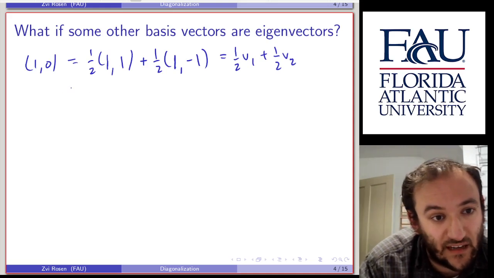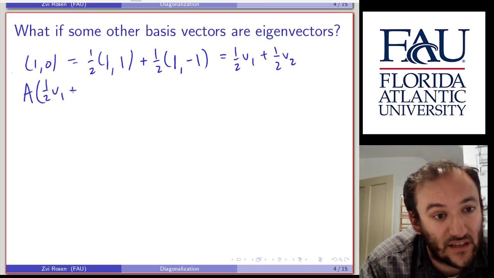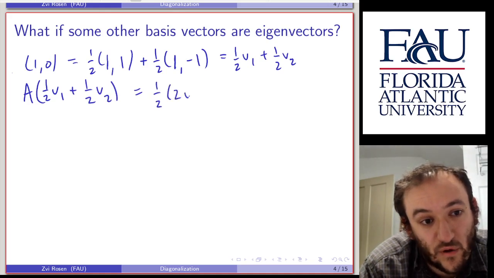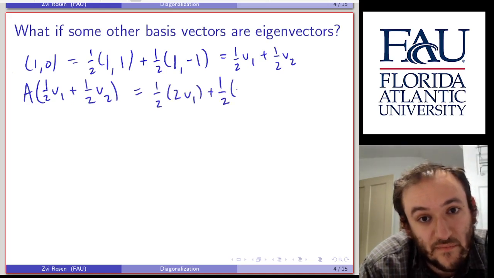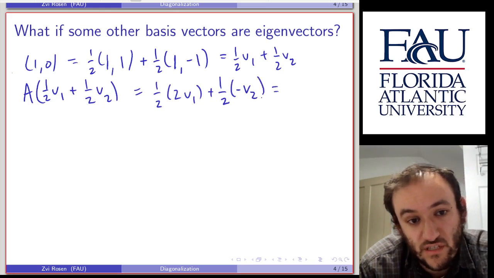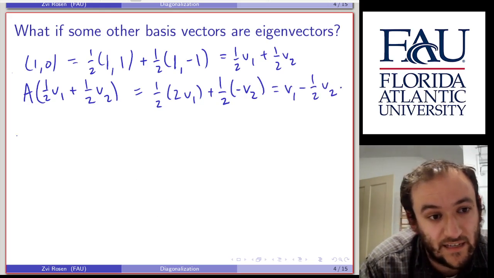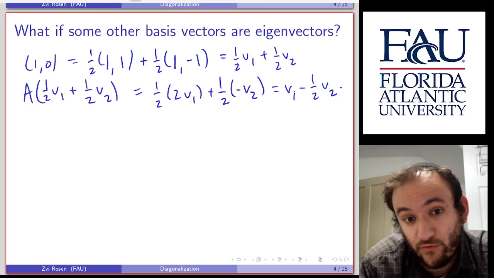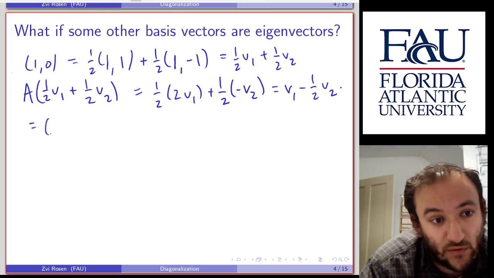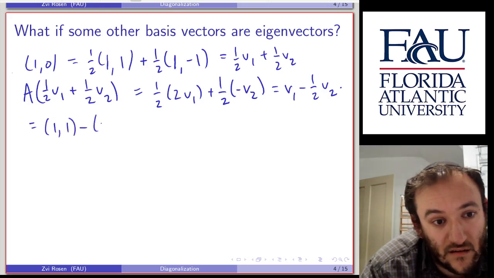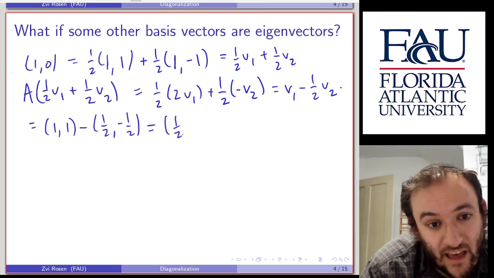And when I apply A to this, so A times a half of v1 plus a half of v2 is going to be 1/2 times 2v1 plus 1/2 times minus v2, which is equal to v1 minus a half of v2. And plugging in our values for v1 and v2, we get that this will be equal to 1 minus 1/2, minus a half, which gives us 1/2, 3/2.